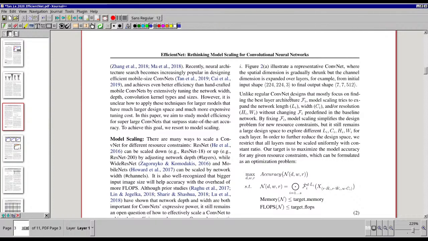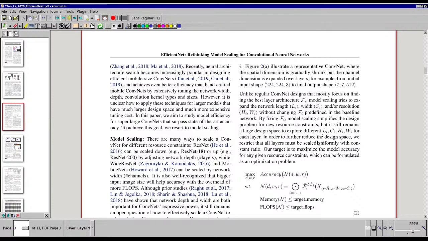Unlike regular ConvNet designs that mostly focus on finding the best layer architecture Fi, model scaling tries to expand the network length Li, width Ci, and/or resolution Hi, Wi without changing Fi predefined in the baseline network. By fixing Fi, model scaling simplifies the design problem for new resource constraints, but it still remains a large design space to explore different Li, Ci, Hi, and Wi for each layer.